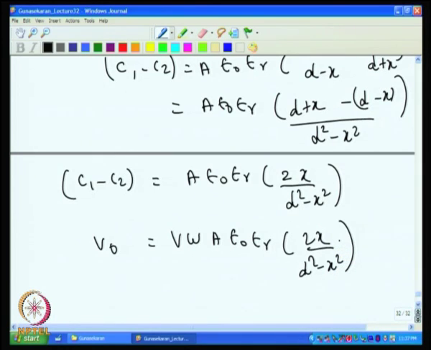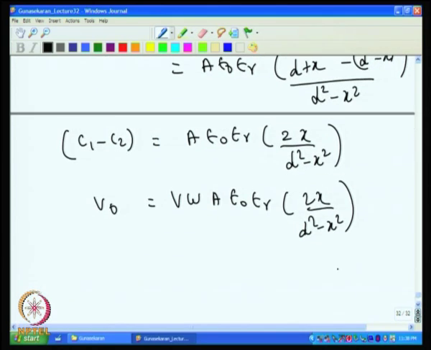Even though it is linear with x, only for smaller distance, when x is small, will it be linear. For x much smaller than d, V naught is actually proportional to x.